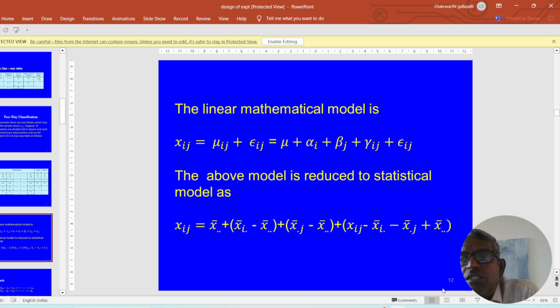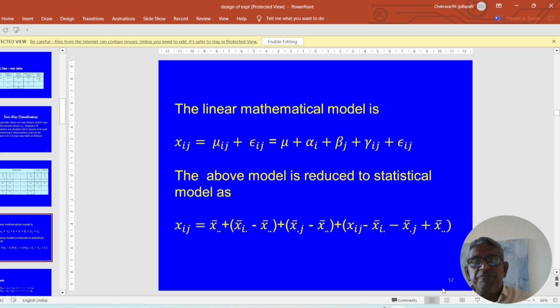But before starting two-way classification, we make one assumption: for each cell we take only one observation. That means we do not allow two observations per cell, so automatically the interaction effect will become zero.